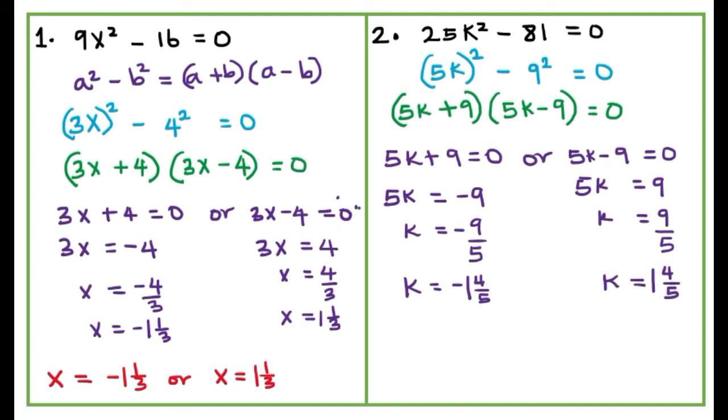And the final values of k are k is negative 1 and 4 out of 5, or k equals 1 and 4 out of 5. Let's move on. We get more examples.